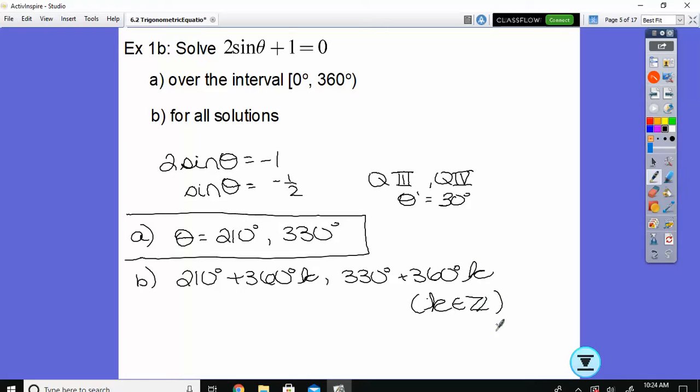You really should state that every time, because if k is 1/2, that's not going to work, so k has to be an integer. Where did the 330 come from? Quadrant 4, so in quadrant 4, if the reference angle right there is 30, you want this angle, so you go all the way around, 360 minus 30.